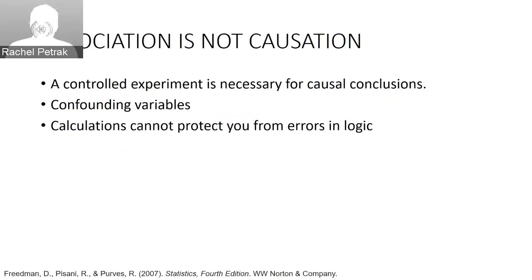And finally, association is not causation. This is a very important thing to remember. We must have a controlled experiment in order to draw causal conclusions. So remember that a controlled experiment is prospective. People have been assigned to groups.